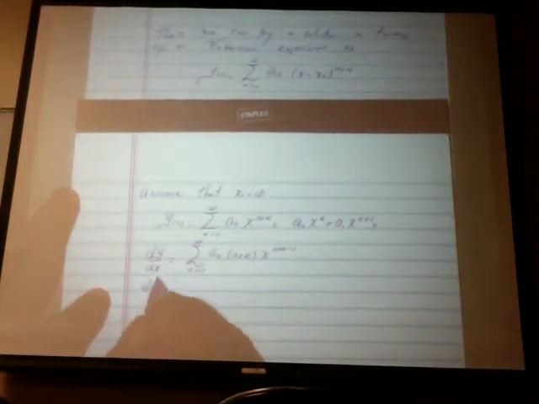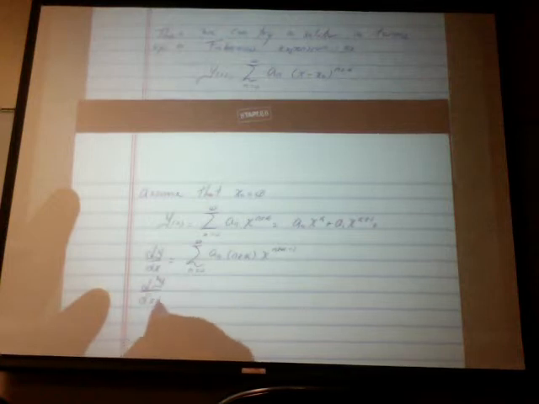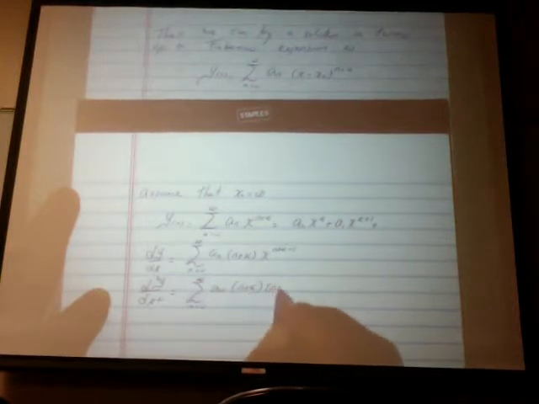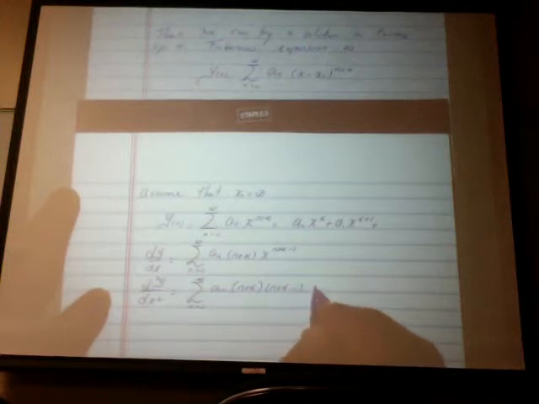And the second derivative of y with respect to x squared is then the summation from 0 to infinity of an times n plus k times n plus k minus 1 times x to the n plus k minus 2.